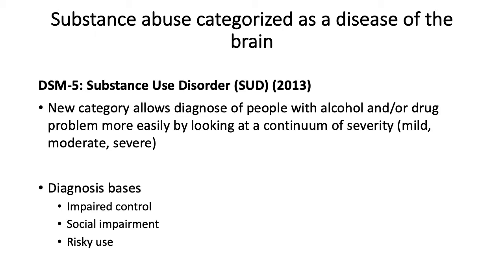And the good news about this is that it is basically seeing drug abusers as people who have a disease of the brain versus as viewing somebody with low moral integrity.